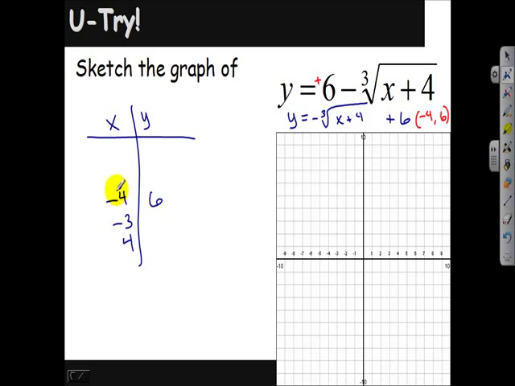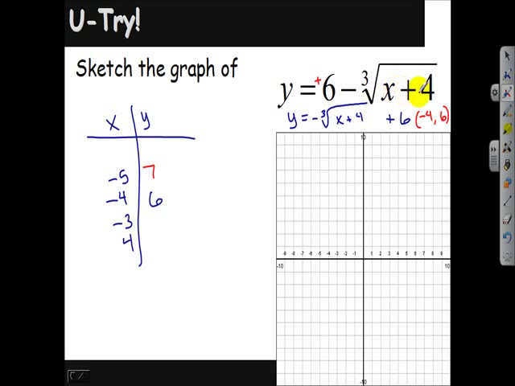I need something on the other side here. Let's go -5. And the next good value is not till like -12, which isn't going to fit on my graph. So let's see if we can get it with these points. -5 plus 4 is -1. Cube root is -1. So it's 6 minus -1 would be 7.